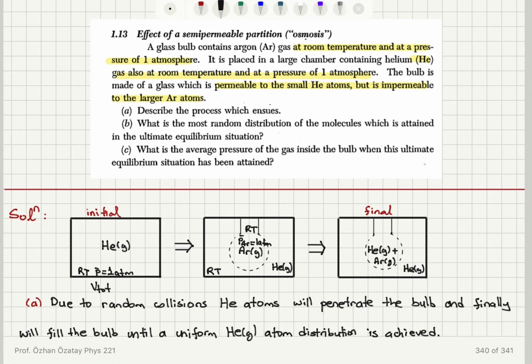So what is the average pressure of the gas inside the bulb in the ultimate equilibrium situation? That's our answer.